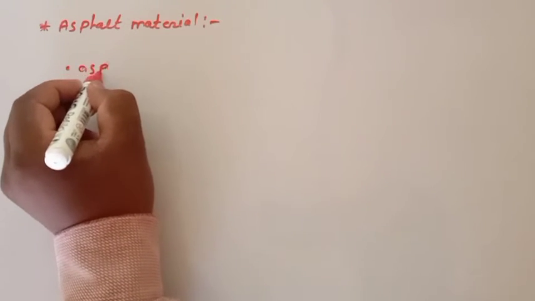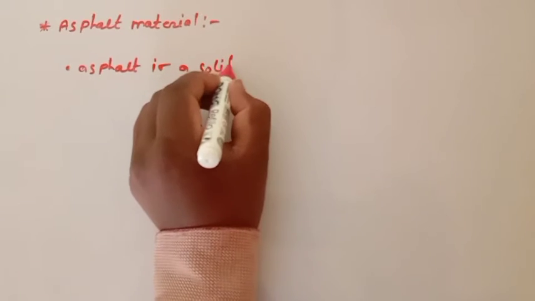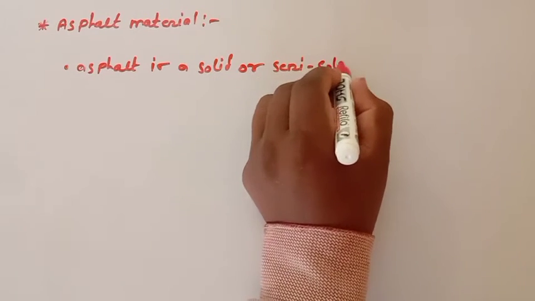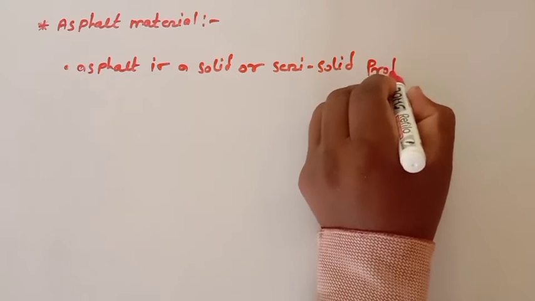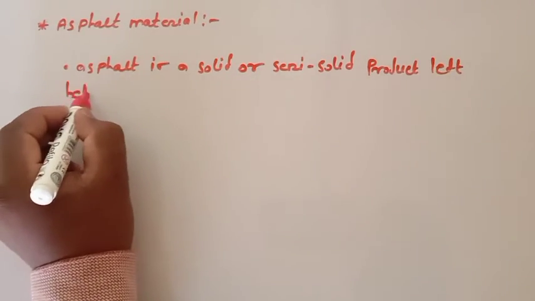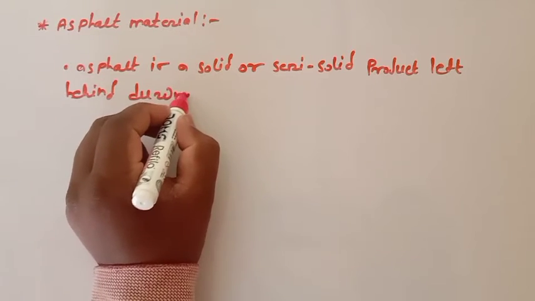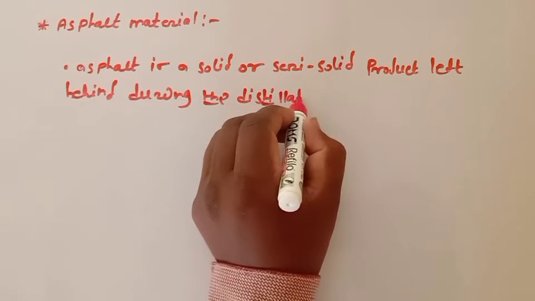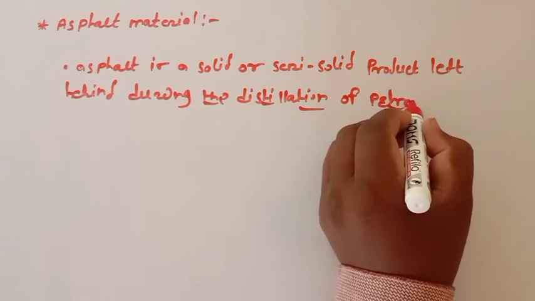Asphalt is a solid or semi-solid product left behind during the distillation of petroleum.